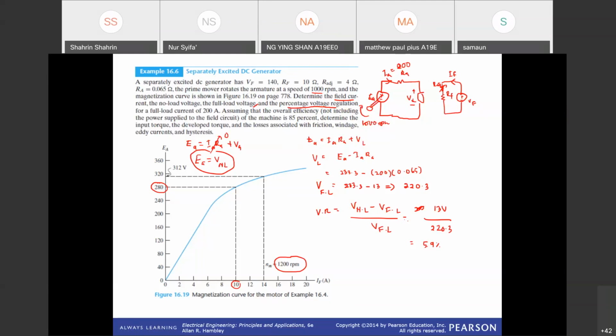If there is no question, then we can proceed with the next question. Assuming that the overall efficiency of the machine, not including the power supply to the field circuit and so on, is 85%, determine the input torque, the developed torque, and the losses associated with the friction, windage, and so on.